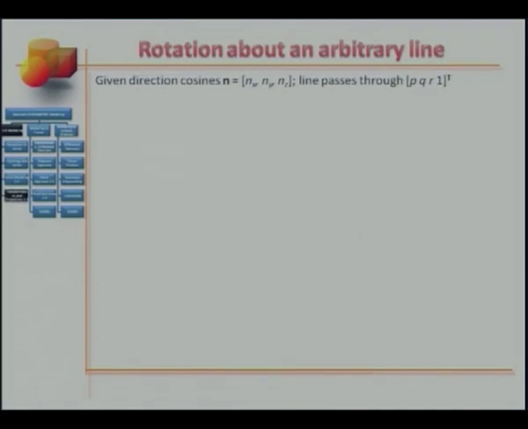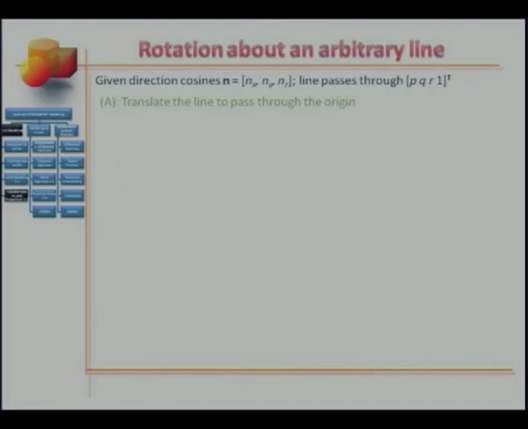Given direction cosines n, which has components nx, ny, and nz of a line that passes through a point P, Q, and R. Now this point here is expressed in terms of homogeneous coordinates.